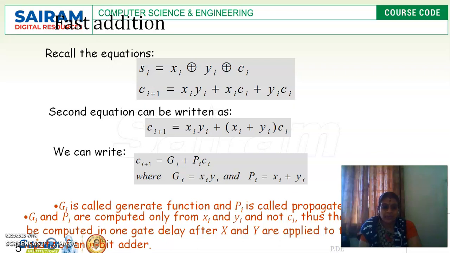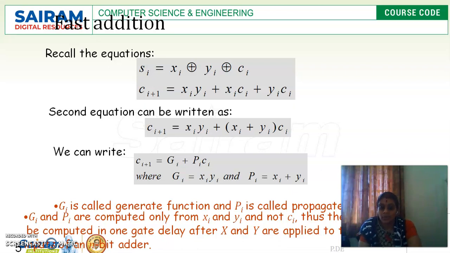Because a 16-bit number means x0 to x15 and y0 to y15, and both numbers should be added together. Finally, we will get the sum after some gate delays, right?